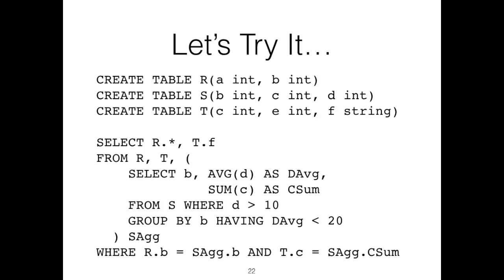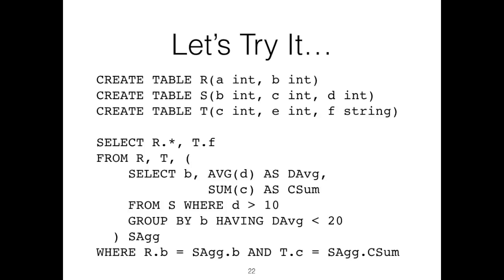Create table R? Well, let me back up. The create table statements are there just for the purposes of showing you what the schema is. How do we translate the select statement itself? Where do we start?